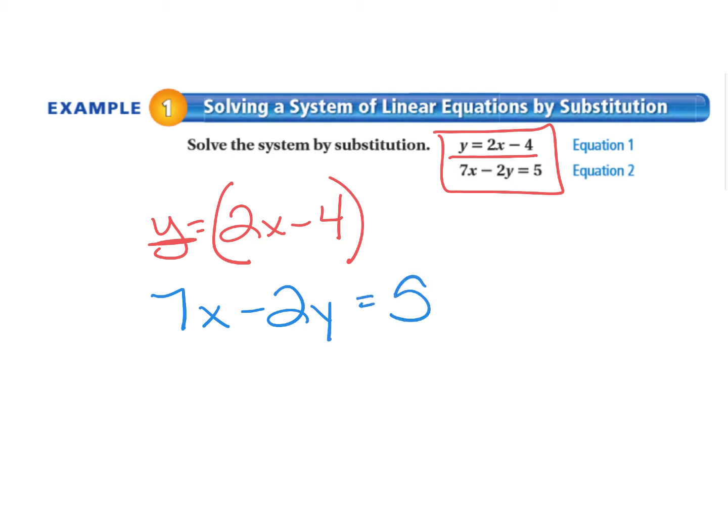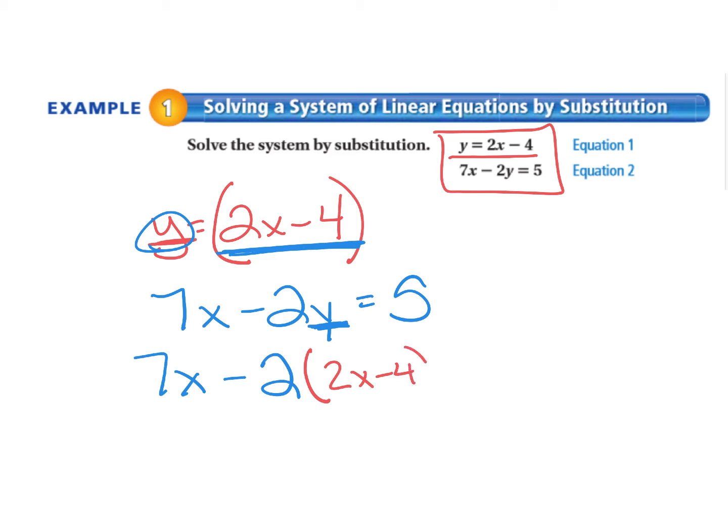So we're going to take this y and substitute this expression, because y equals this. If we rewrite it, we have 7x minus 2, and then here's where I put that expression, (2x minus 4) equals 5. Now we're just going to simplify.